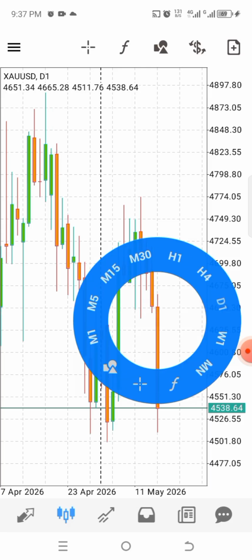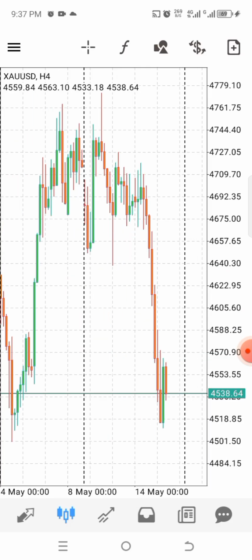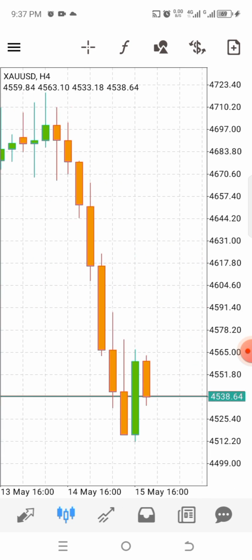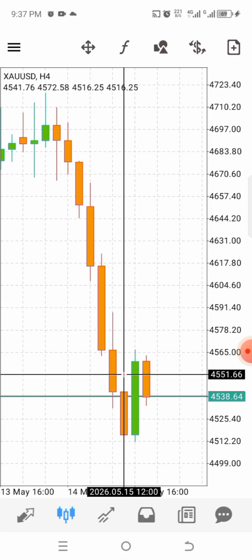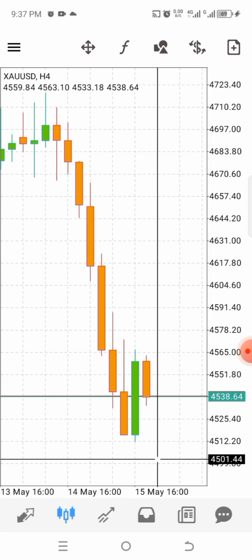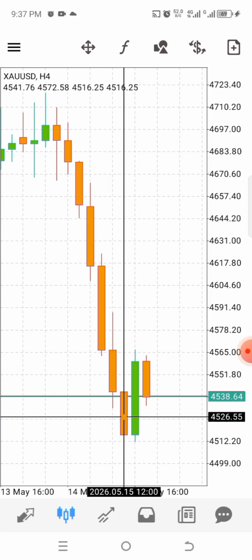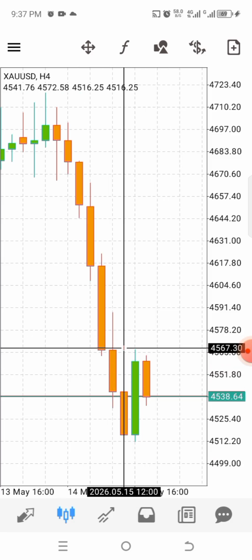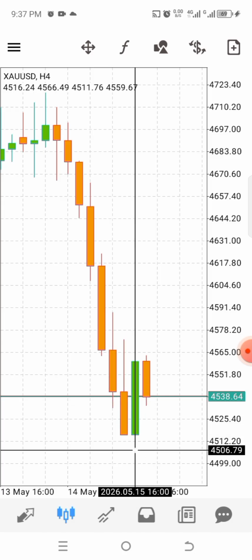On the H4 time frame, the H4 is not really that necessary, but it is also very important when it comes to a few confirmations. So now on the H4 time frame, we are also having another bearish pattern. There is a large body doji at the top of this small uptrend over here.